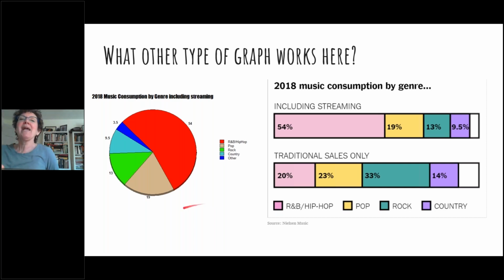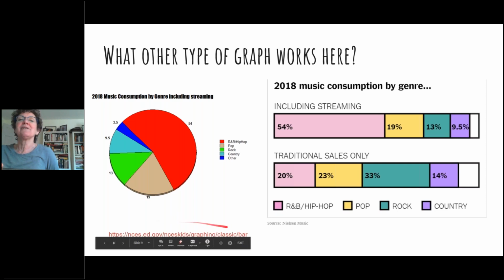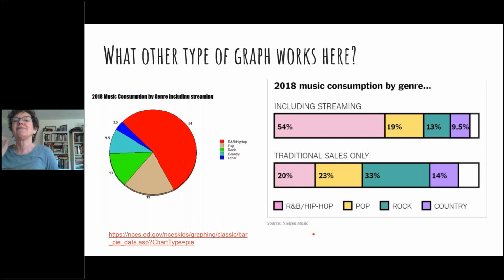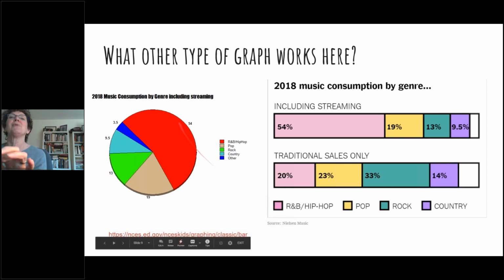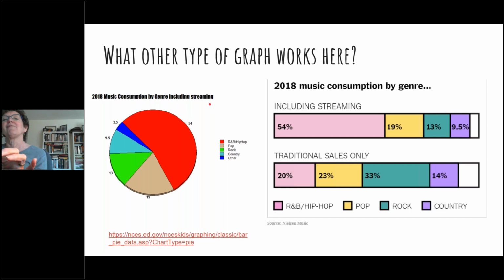So I actually went to this little website down here, nces.ed.gov, graphing, and I made it easy. I only did the one because I figured if I did two, it would be so small to see.